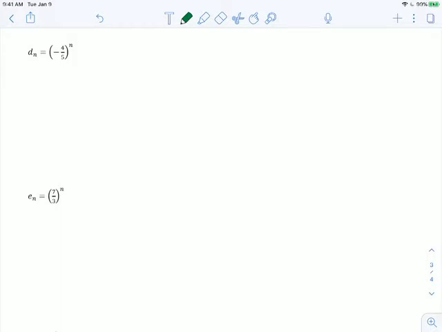We know that if we take a number between -1 and 1 and raise it to higher and higher powers, those numbers get closer and closer to 0. And so here we observe that the absolute value of -4/5 is less than 1. So the limit as n goes to infinity of (-4/5)^n is equal to 0.